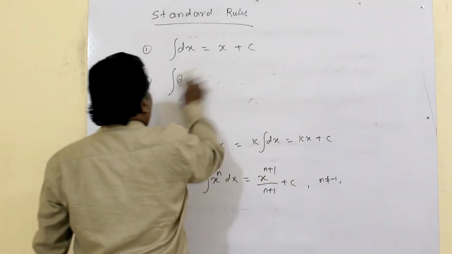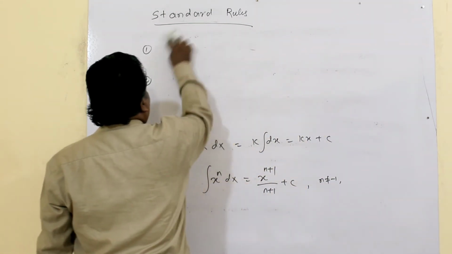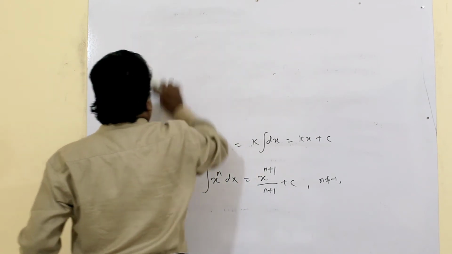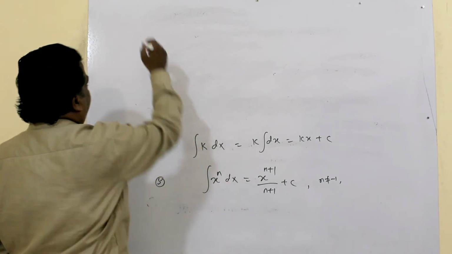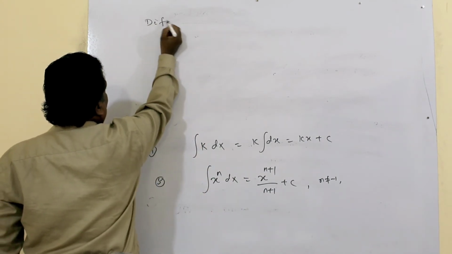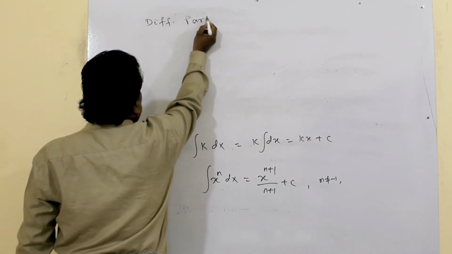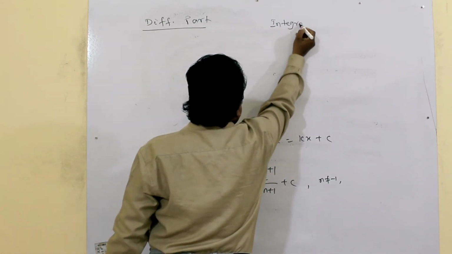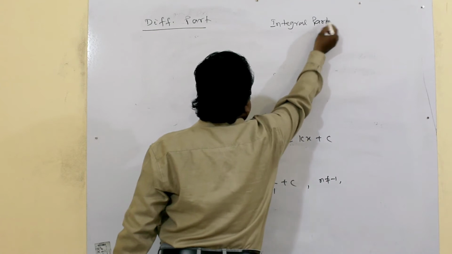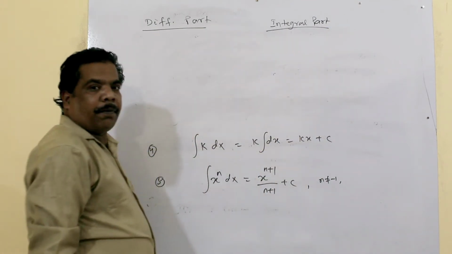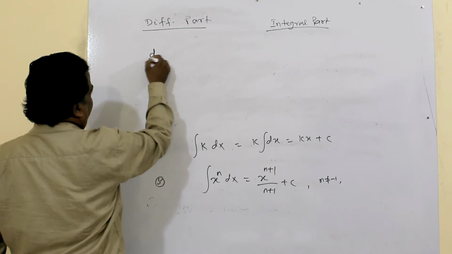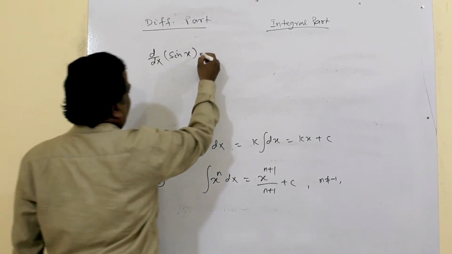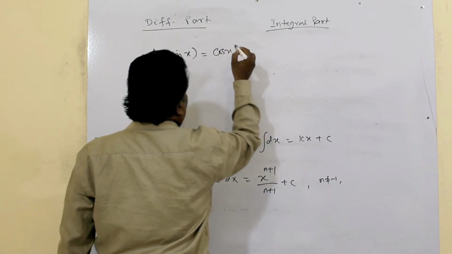Now we take the differential part and the integral part of the function. Derivative of sin x is equal to cos x.